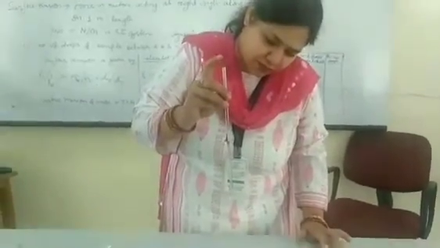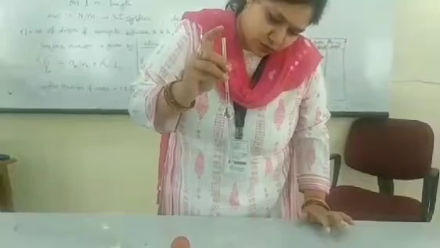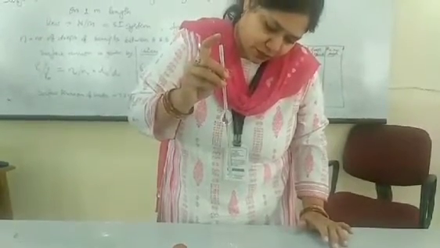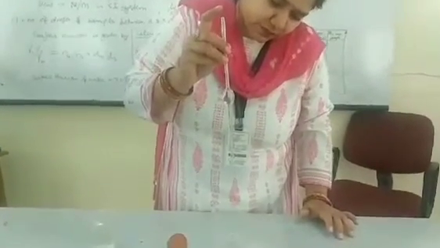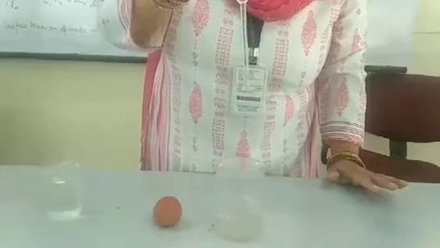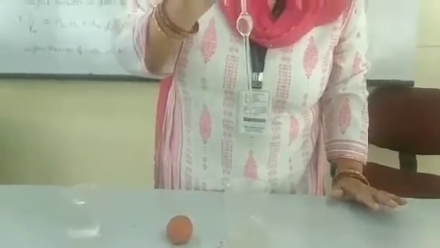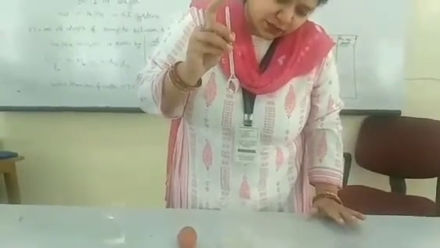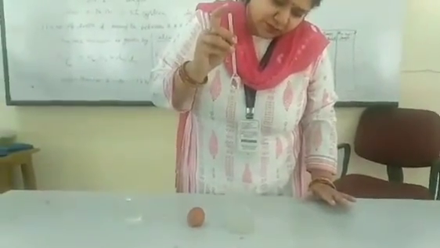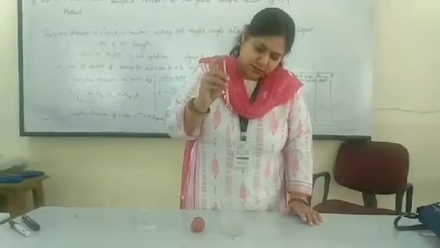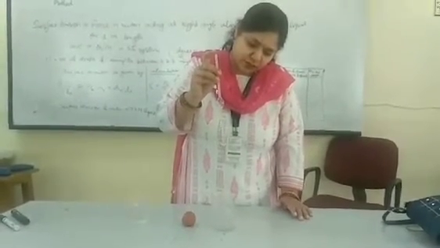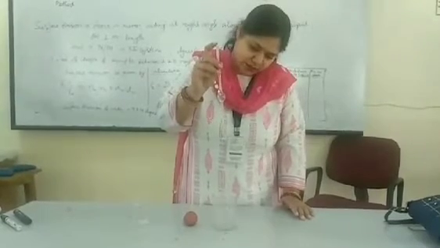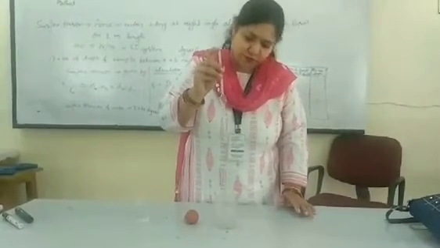Now I am going to count it. 1, 2, 3, 4, 5, 6, 7, 8, 9, 10, 11, 12, 13, 14, 16, ... 61, 62, 63, and this one is 64, and that's it.